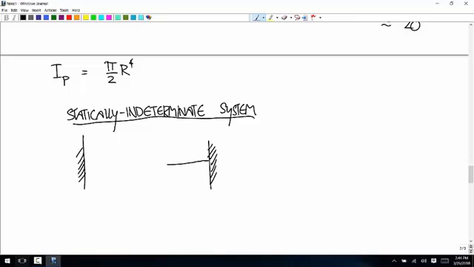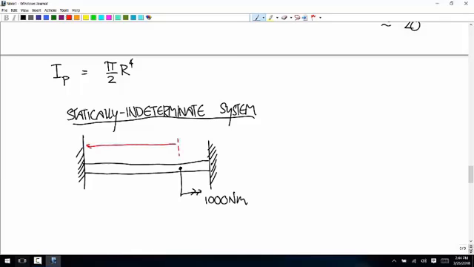And we have a bar in between them with fixed joints at both ends. And let's say that somewhere in here, we apply an external torque of 1,000 Newton meters. So let's say that this is 3 meters. This is 1 meter.